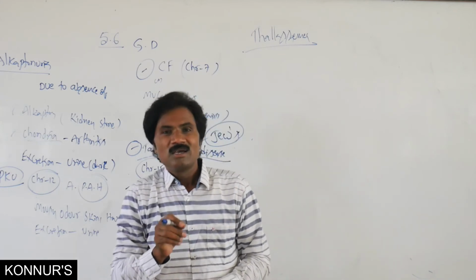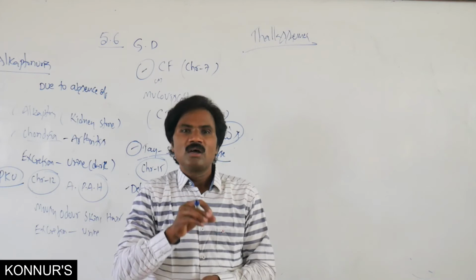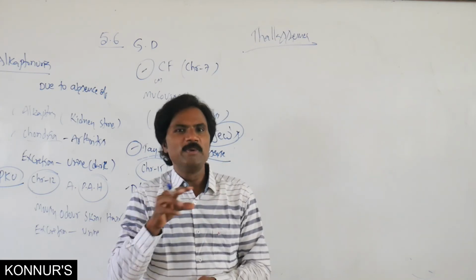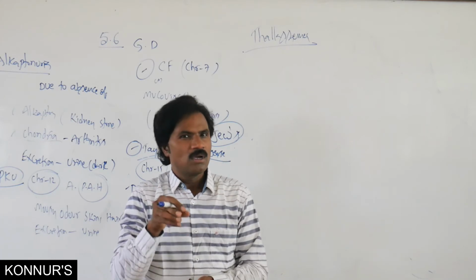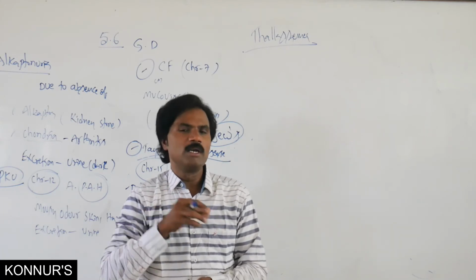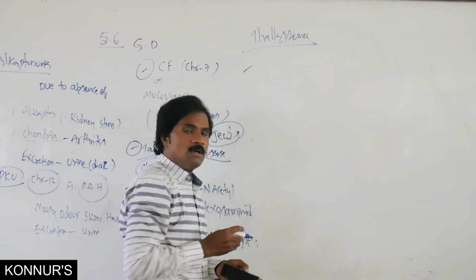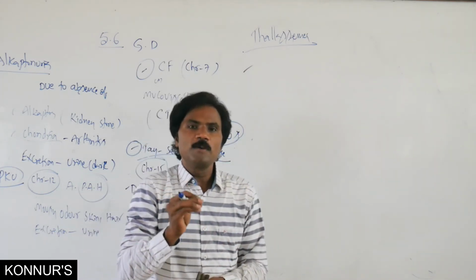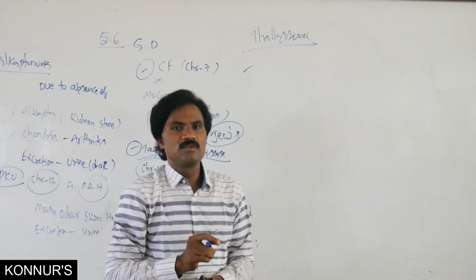Thalassemia is a disorder of reduced hemoglobin. Very simple, remember: a disorder of decreased hemoglobin percentage. There are normally two types of thalassemia: alpha thalassemia and beta thalassemia.